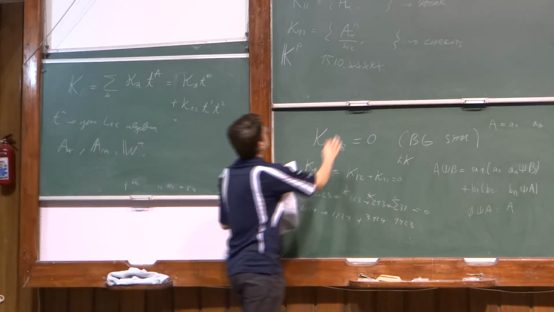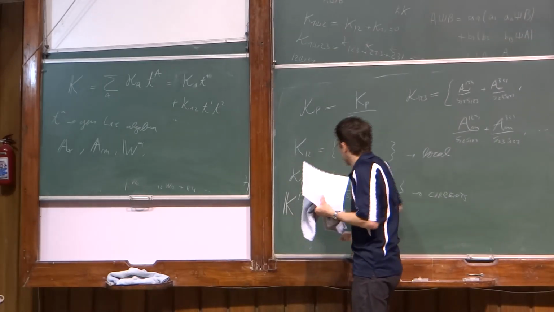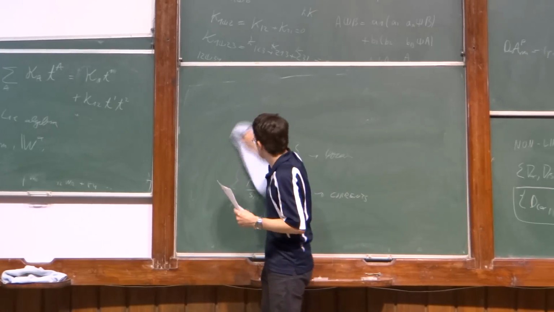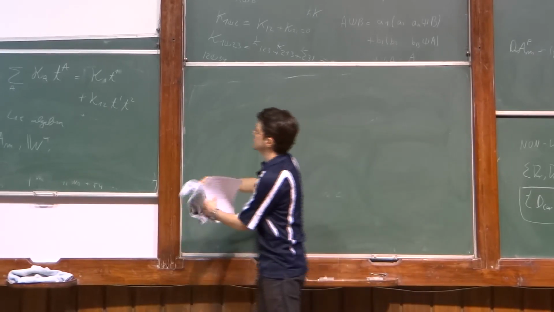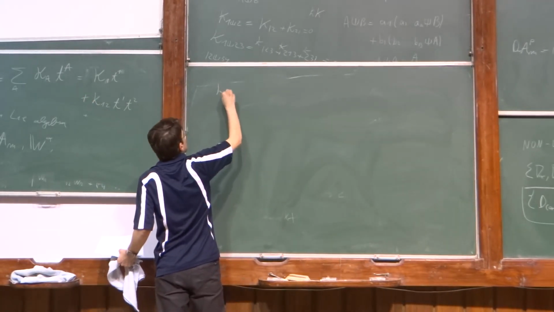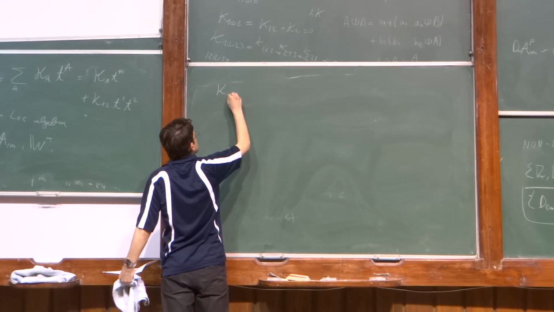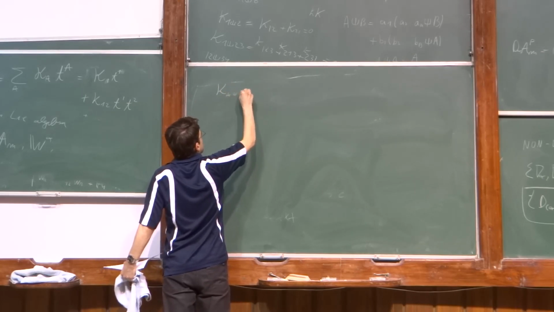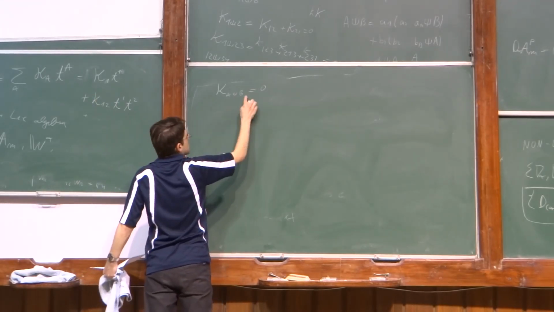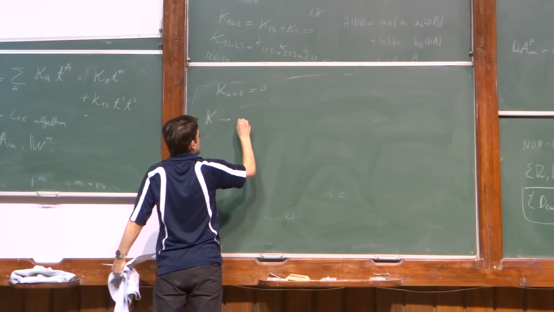And in '58, a mathematician called Ree proved that this series, when K, he didn't use this nomenclature, but when K is a Berends-Giele current, meaning that it satisfies that symmetry, then this K is a Lie series.